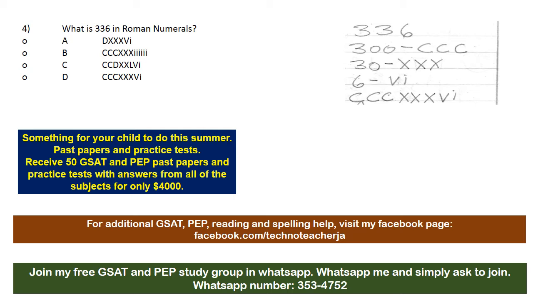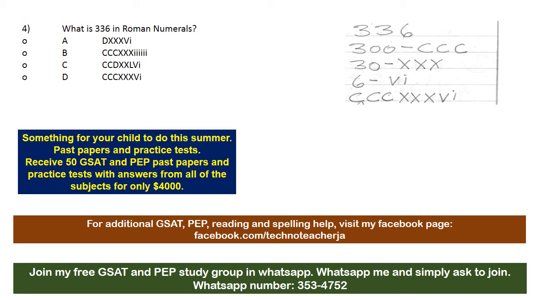First, the value of the letter was greater than the value of the letter to its right. Now the value of the letter is less than the value of the letter to its right, so you subtract.